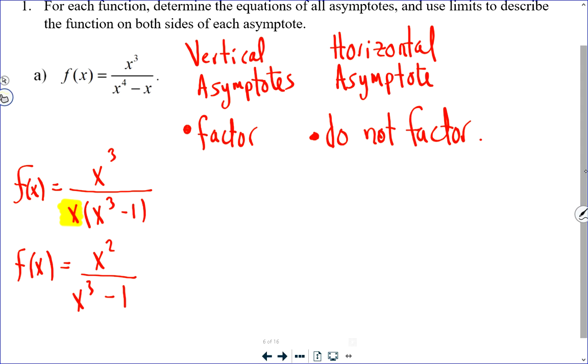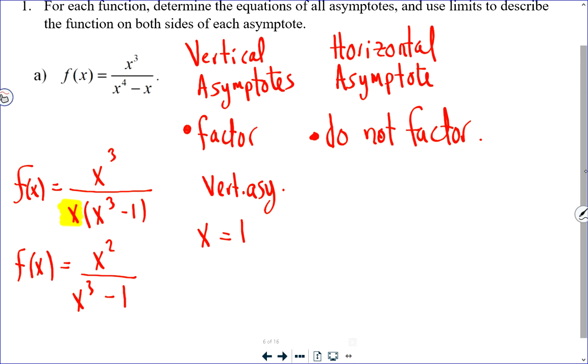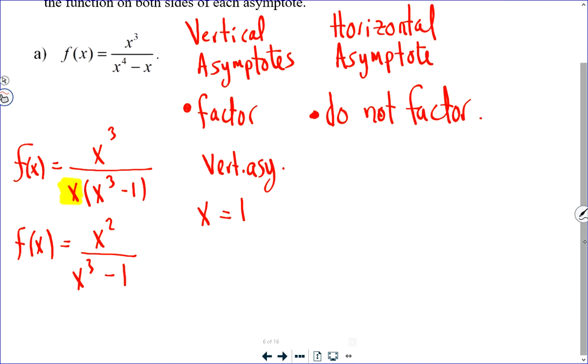All we care about is the factors that do not cancel. So we look in the denominator and we can see that we will have a vertical asymptote at x equals 1. 1 is the only number that makes x cubed minus 1 equal to 0. And before we go on, what we need to do is look at the behavior of the graph to the left and to the right of 1.